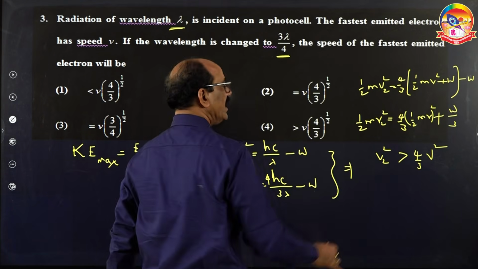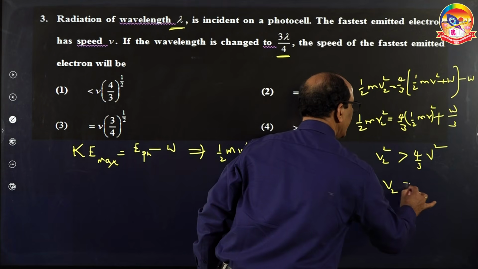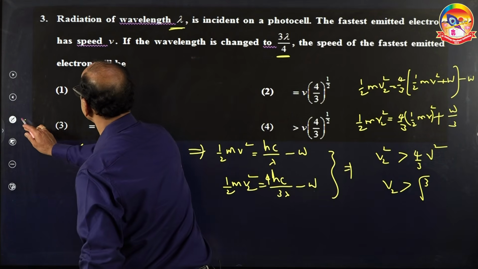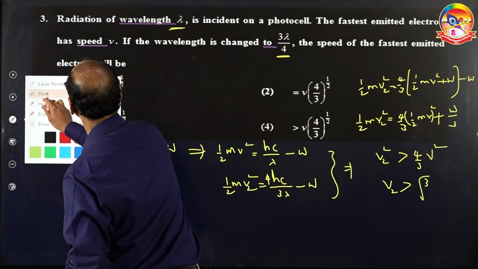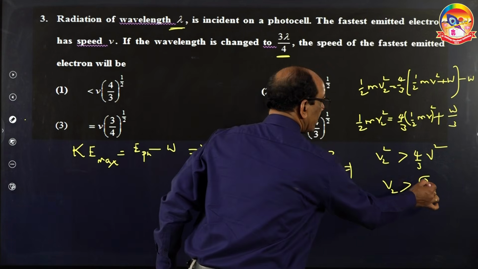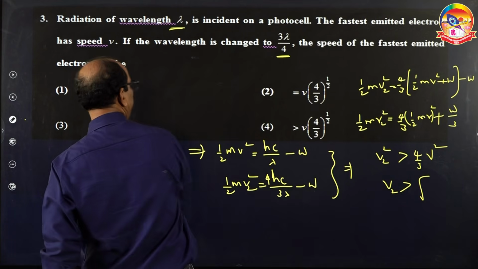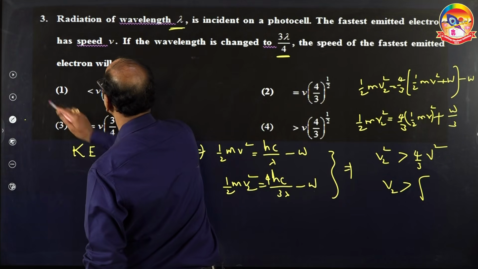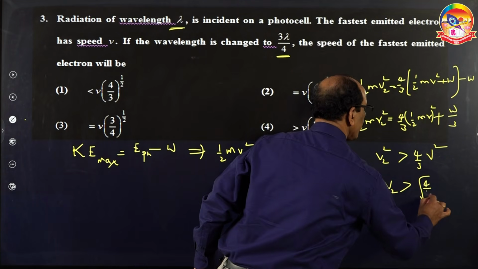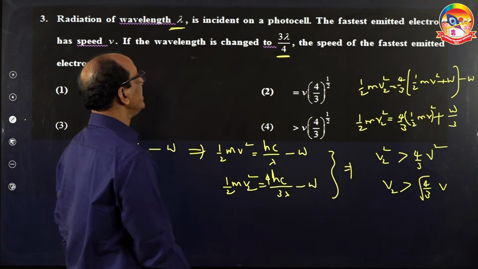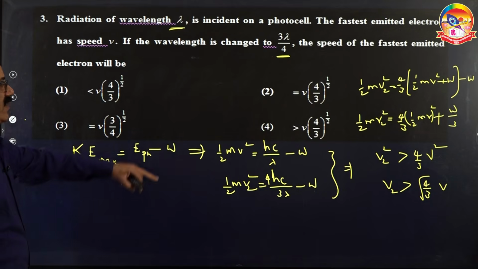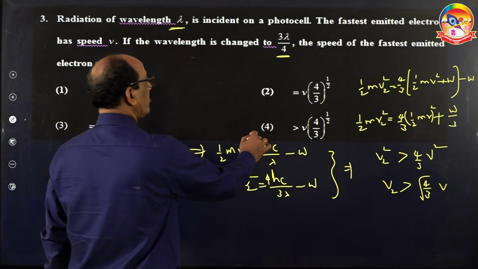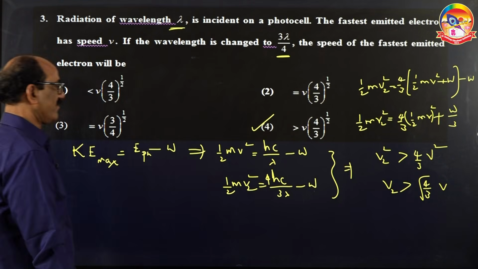Therefore v2 obviously is greater than root over 4 by 3 times v. So among the given options, v2 is greater than square root of 4 by 3 times v. It should be this answer.